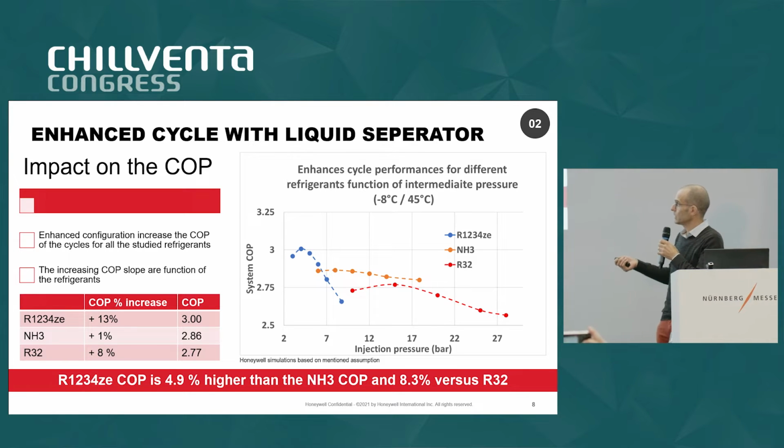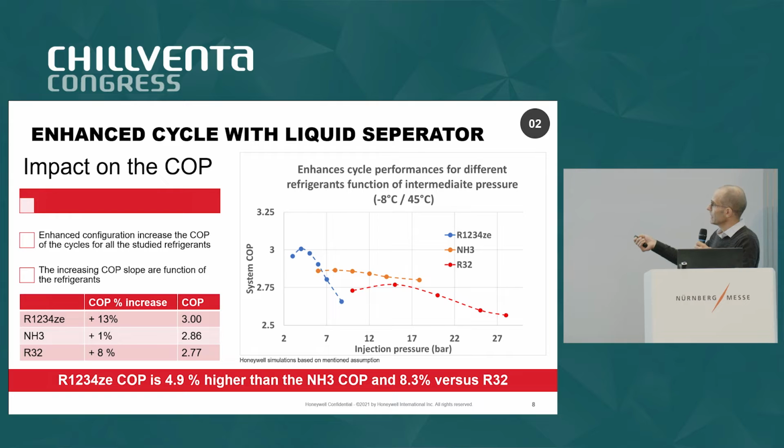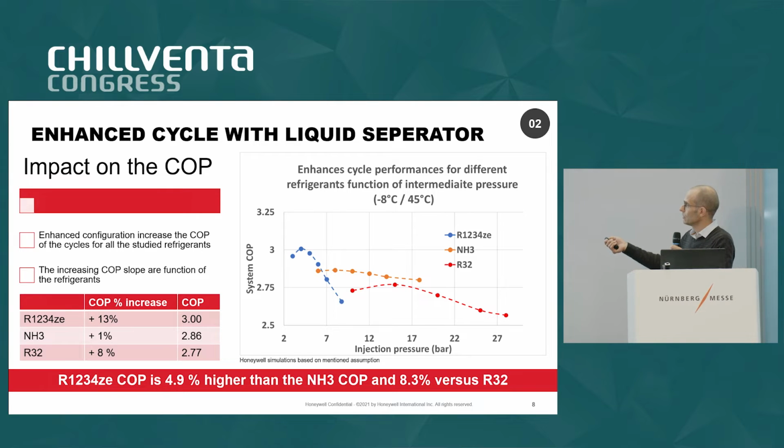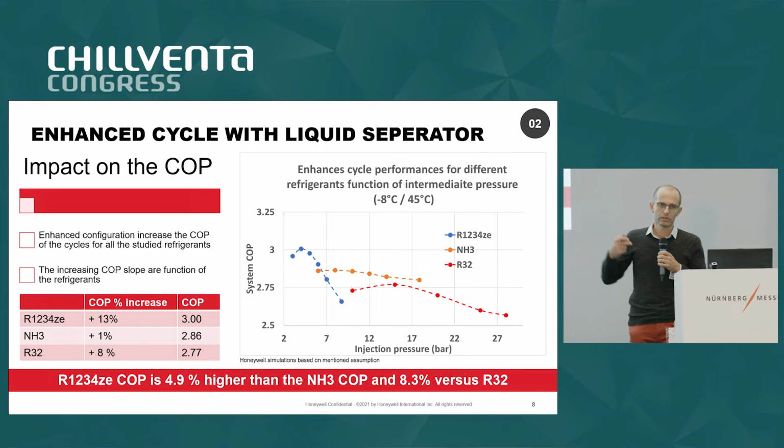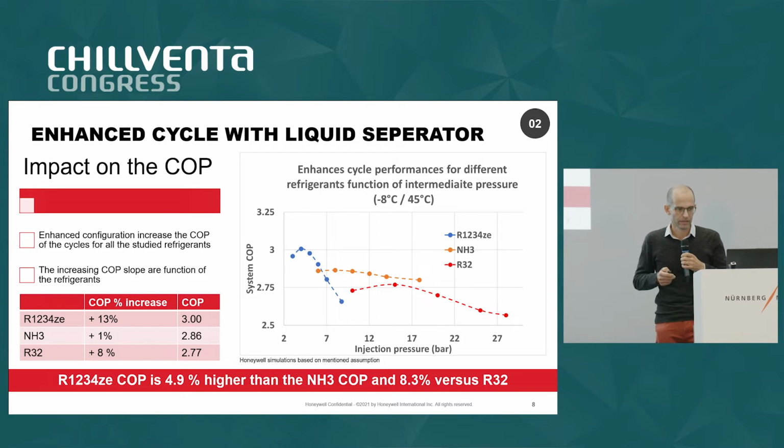When we apply this, we can see that for R32, by optimizing the mid pressure, we are increasing the COP. We can go to this point, which is approximately the maximum, and we can get plus 8% versus the starting point, which is the basic cycle.